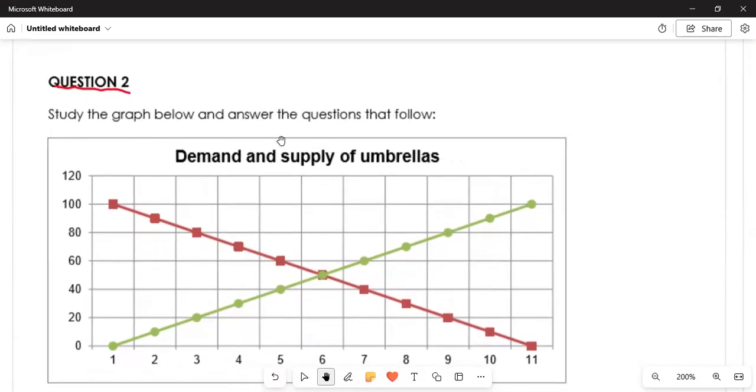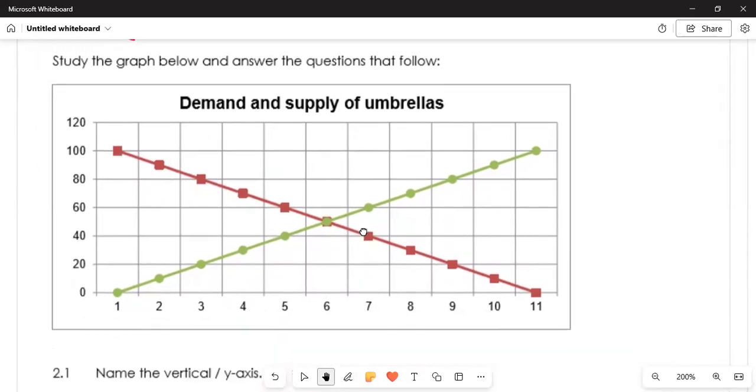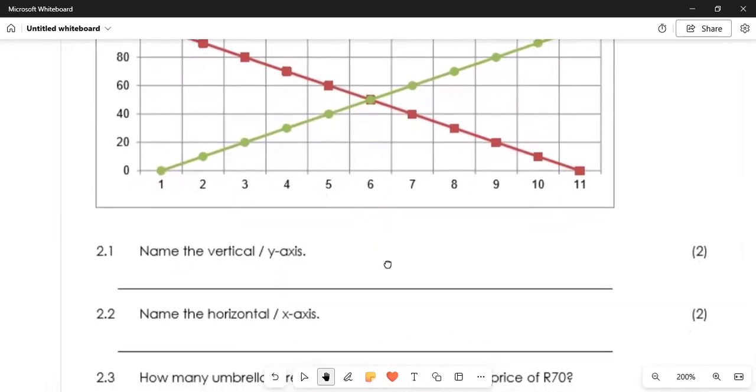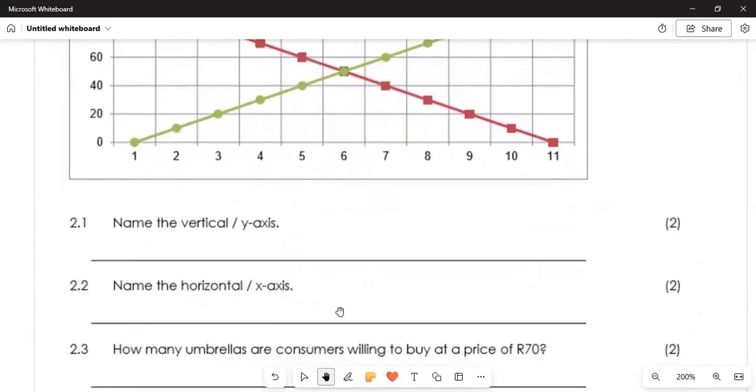Study the graph below and answer the questions that follow. So we are going to start with the demand and supply of umbrellas. Let's go straight to the questions and try to answer them. So it says, name the vertical or y-axis.